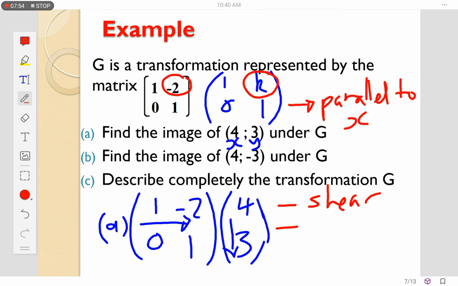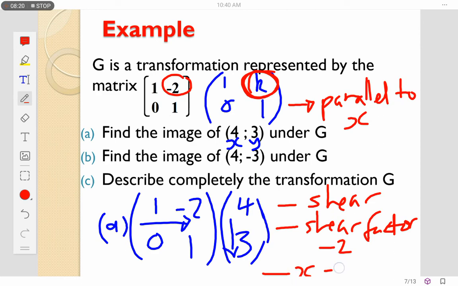The k value here is the shear factor, so the shear factor is minus 2. Then we also talk of the invariant line. We can say it is a shear with the x-axis as the invariant line. So that's how we describe it.